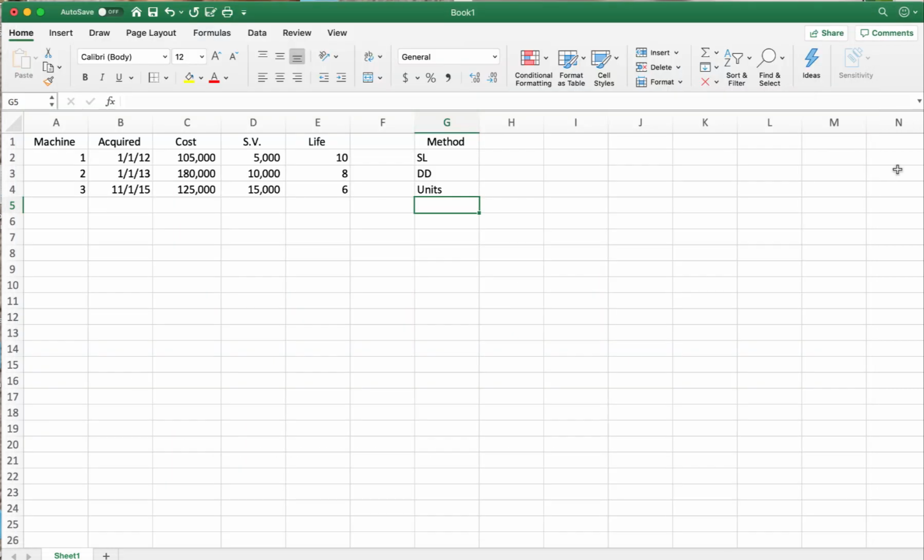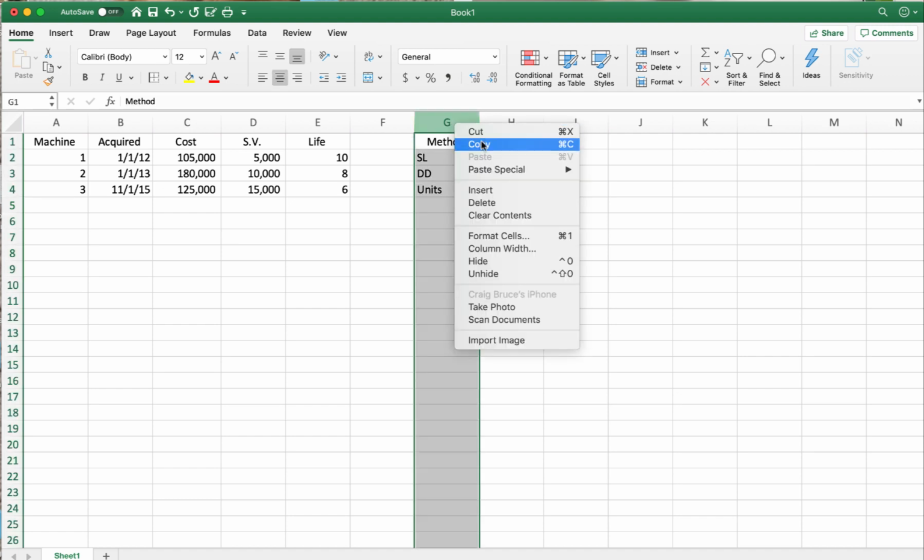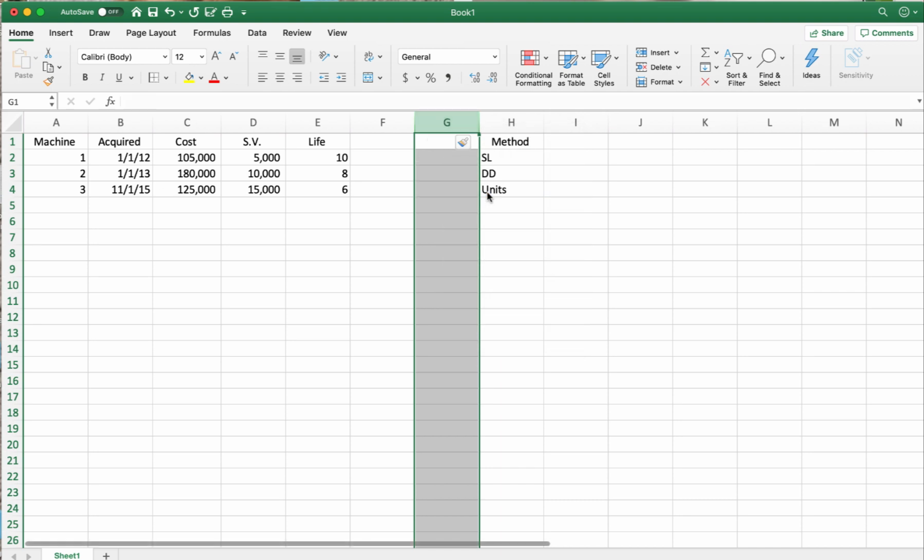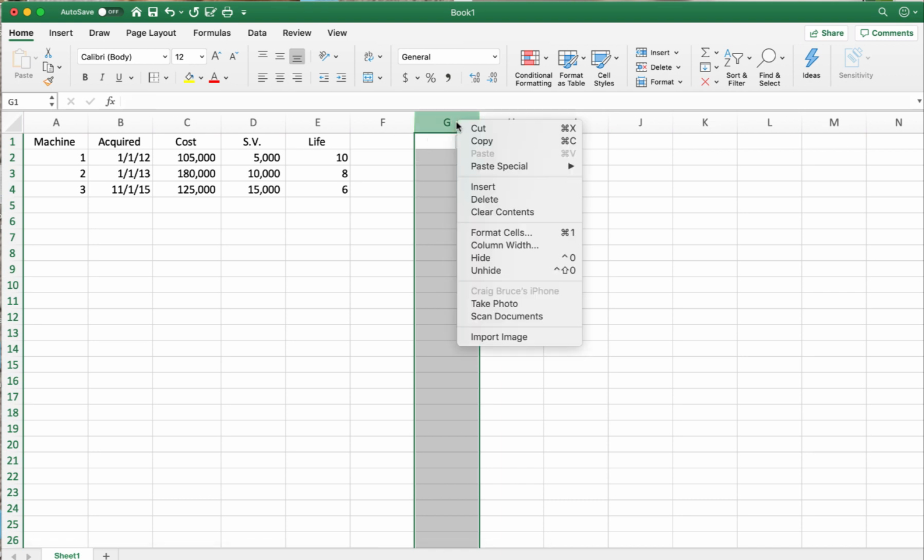So the first thing I did was pull up an Excel spreadsheet, and I just set everything up the way the problem gave it to us, right? They gave us machines, the dates that it's acquired, the cost, the salvage value, the useful life, and the method. Okay? Bear with me here. I want to add a couple columns.